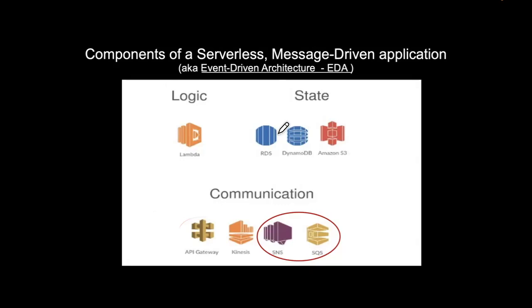An event driven architecture, or a serverless and message driven architecture, is broken up into a number of parts. There's the logic part, which in our case will be dominated by lambdas, but we could have used some other services. In particular, we could have used container based services. We've done a lot on containers last semester.